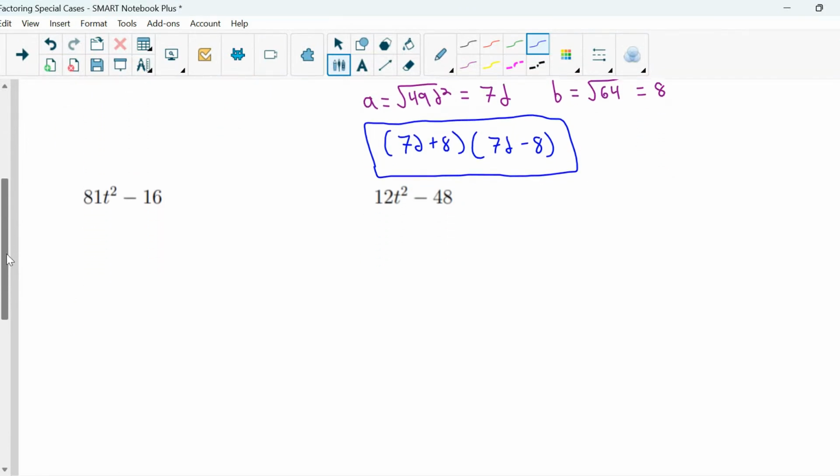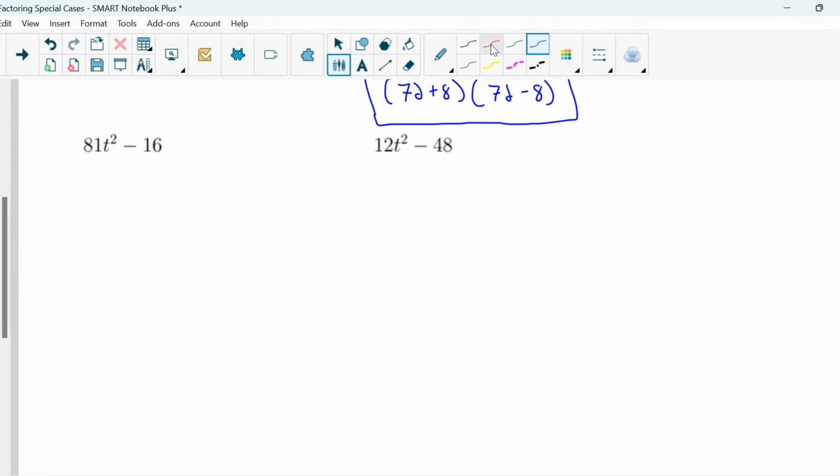All right, one final example. We'll skip back over here on the left. So I've got a, which is the square root of my first term, so 81t squared. Square root of 81 is 9. The square root of t squared is t. And then for my b value, I'm taking the square root of my second term, which is 16.